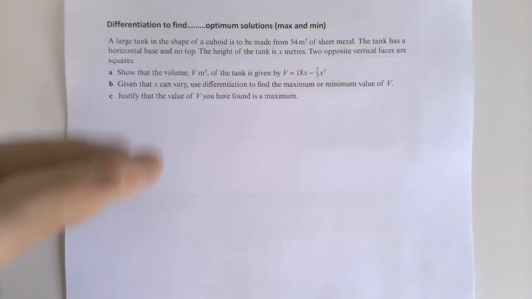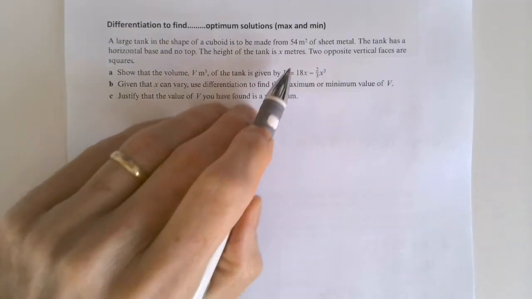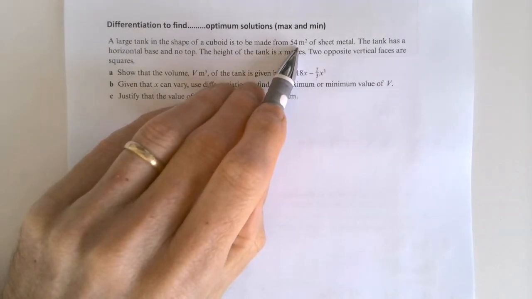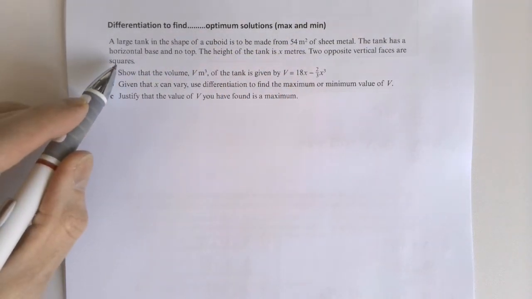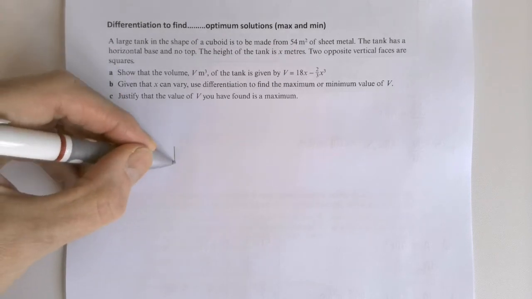We were interested in the minimum because we wanted to do it with as little metal as possible. Here we've got the reverse problem. So we have a fixed amount of metal, 54 metre squares of metal, and we want to make a tank from that. The tank has an open top and two opposite faces are square.